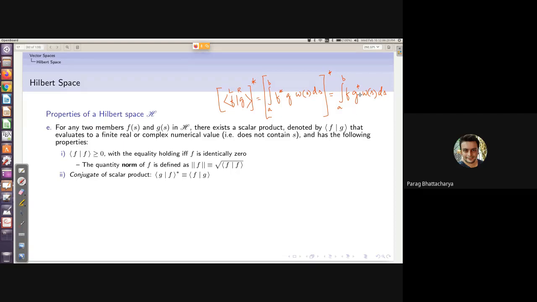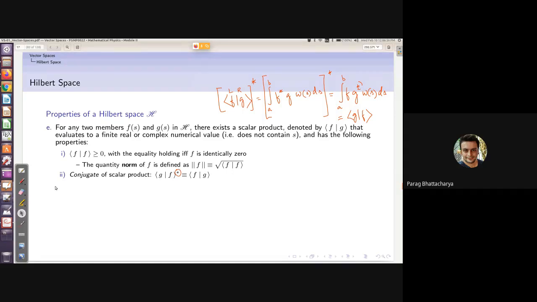Here we are taking the conjugate of G. This means G becomes the left function, because whatever is the left function is what we take the conjugate of. So G must be the left function and F must be the right function. If you put the conjugate outside, you have to change the order inside the scalar product. That is, the conjugate of the scalar product of G and F is the same as the scalar product of F and G.